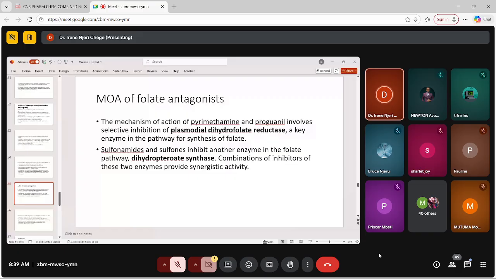You find it written IPT. This is when you used to give antimalarial treatment to pregnant women, two or more doses in the first trimester. It was a policy.